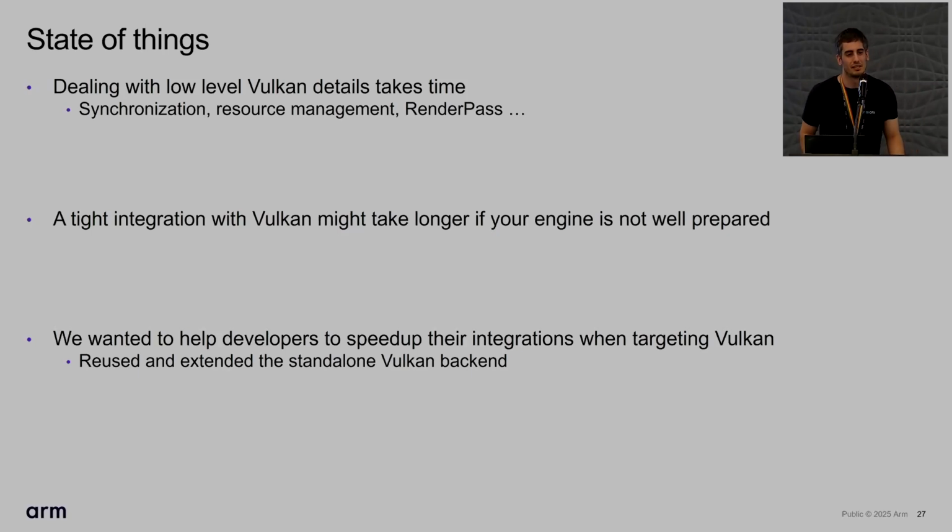There are things that you want to abstract your users from: synchronization, resource management, render passes. If we were to rely on a tight integration, it would take quite a long time if your engine is not fully prepared. So we decided to speed things up by providing a quick setup using this standalone Vulkan backend approach that I was talking about.